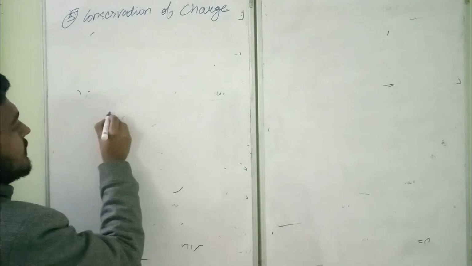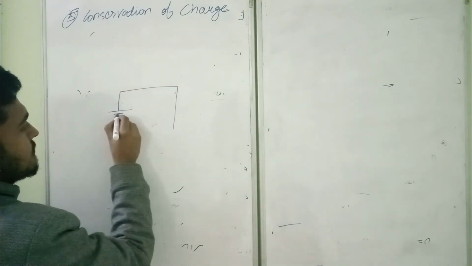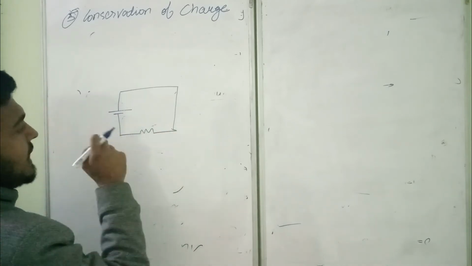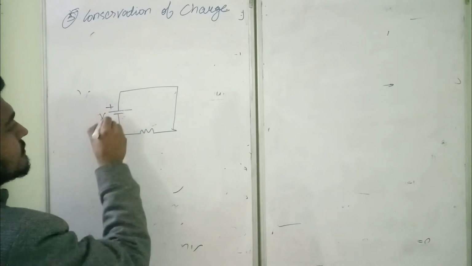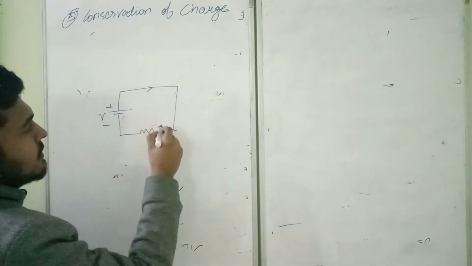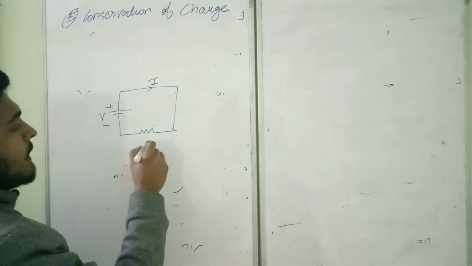So if there is a battery here, this is a resistance, this is a battery of V voltage, and due to this a current is flowing. So current I is flowing through this conductor.